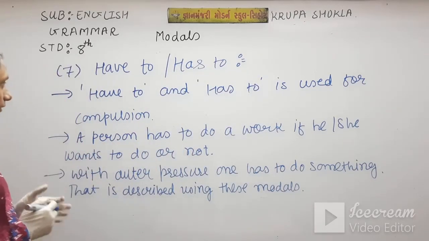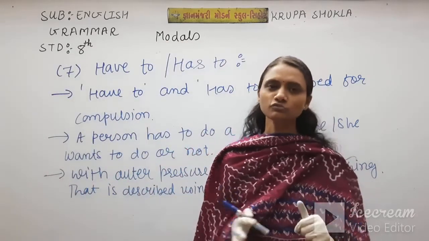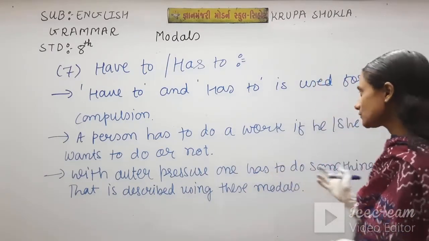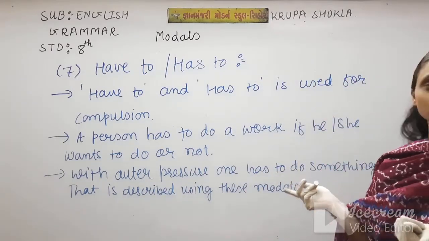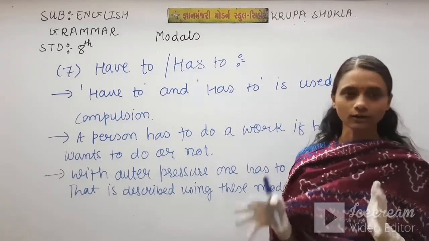Okay, so have to and has to are used for compulsion, just like must. Must is also used for compulsion, and so are have to and has to. A person has to do a work whether he or she wants to do it or not.